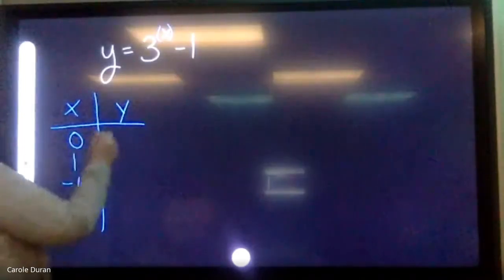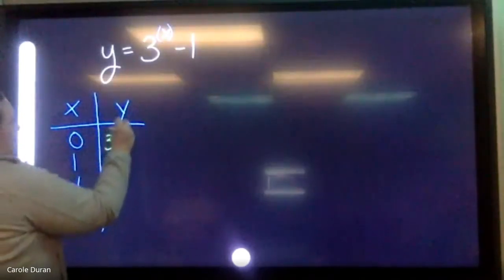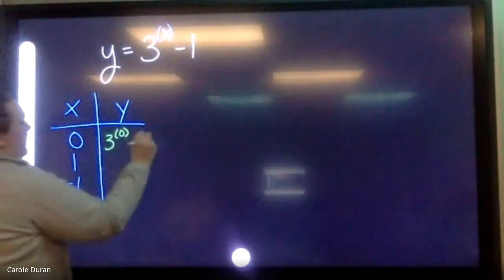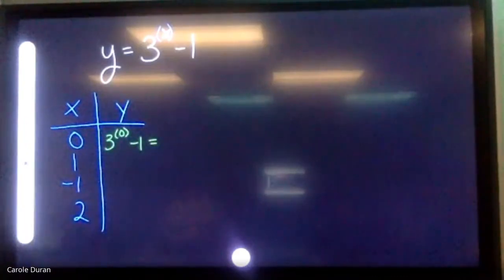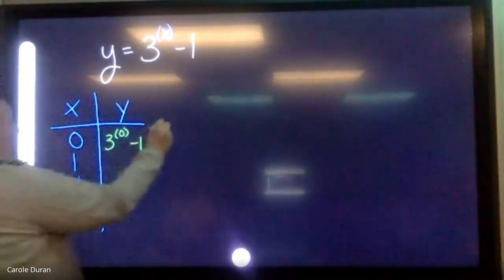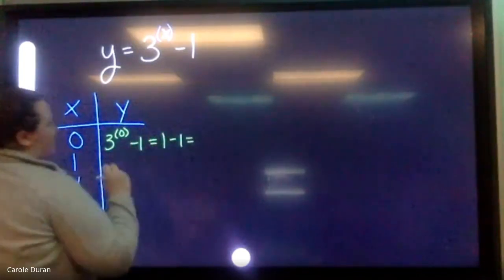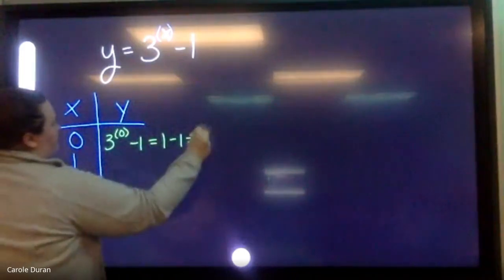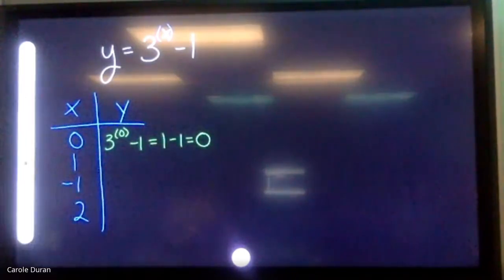I start with 0. I'm gonna get 3 to the 0 minus 1. What does 3 to the 0 equal? 1. So now I have 1 minus 1, which equals 0. So 0, 0 will be my first point. Make sure you take this in steps.